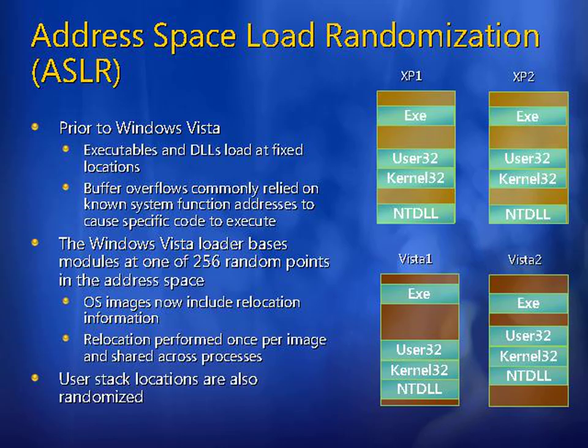Microsoft announced this actually within the last 2 weeks, something called address space load randomization, or ASLR, where Windows Vista will move system executables and system DLLs around in memory and base them at one of 256 random spots. So now a hacker can't just blindly go and execute some address because the function that they're looking for won't necessarily be there. And you might be thinking, well, they've got 256 opportunities.